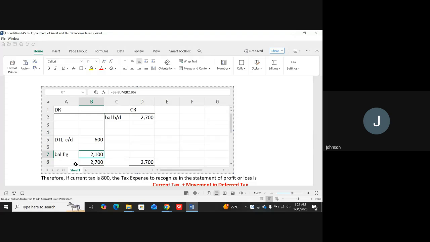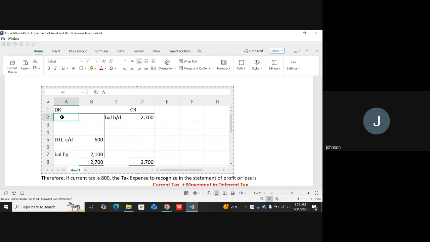So let's understand it. Whatever you are bringing forward from last year, treat it exactly the way it should be treated. So it means that if it's a deferred tax asset you're bringing forward, assets are always debited. You come and put it on the debit side. Now, check, what do we have this year?